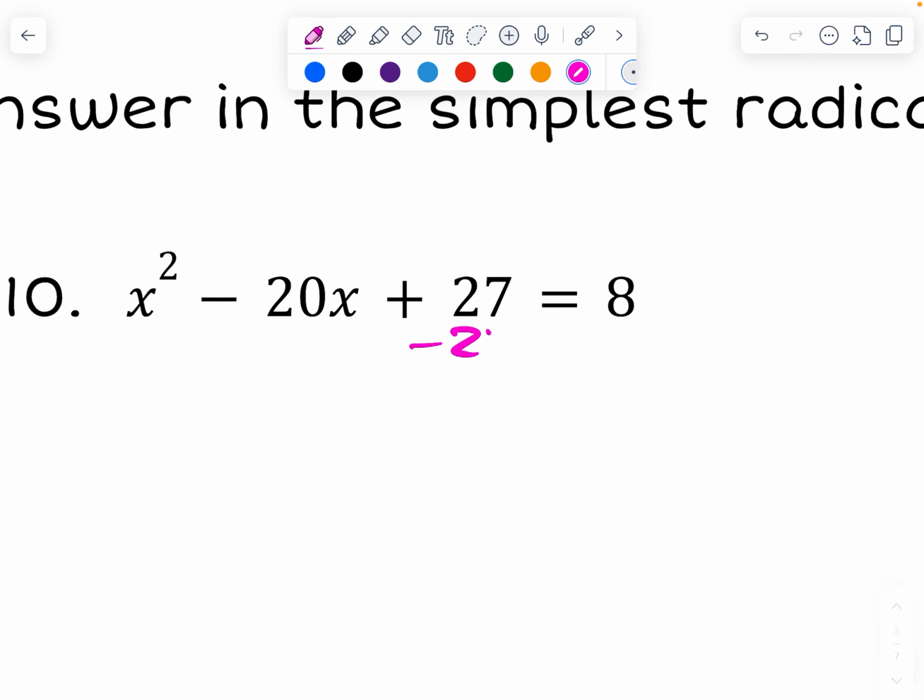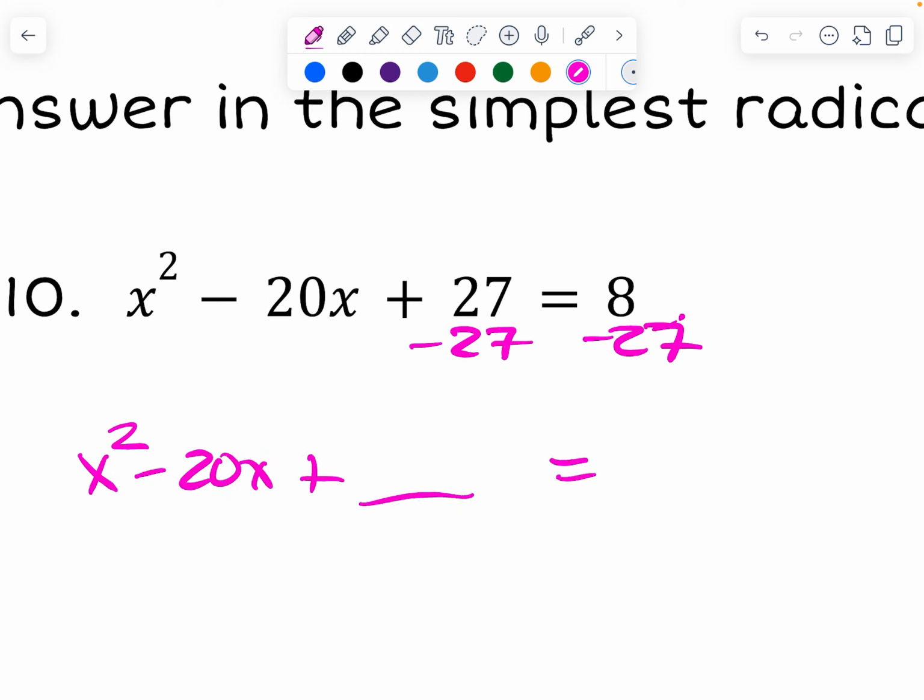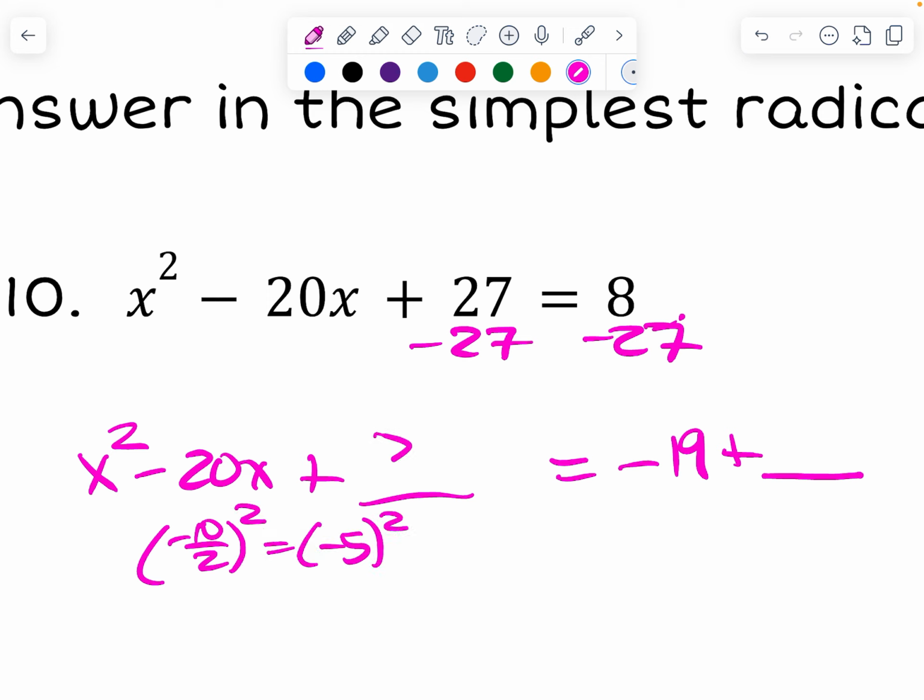Over here, I'm going to subtract my 27 from both sides. I'm going to get x squared minus 20x plus blank equals -19 plus blank. -10 divided by 2 all squared gets me -5 all squared, which is 25.